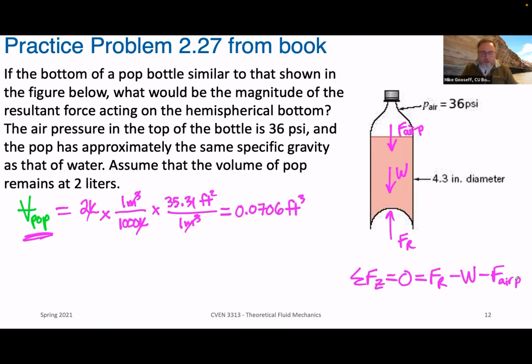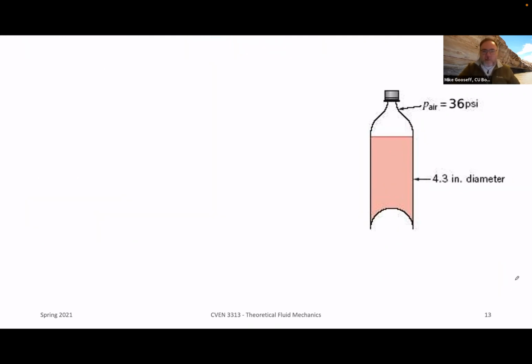We can probably calculate these forces pretty quickly. Let's calculate the weight. We've already got the volume, so we can calculate the weight force by saying W is equal to gamma of our pop. The problem statement said that the specific weight of the pop is equal to the specific weight of water, that's a good approximation.